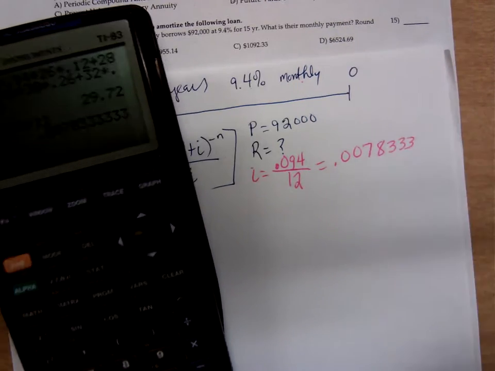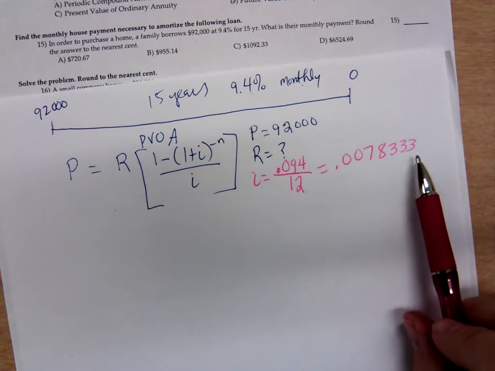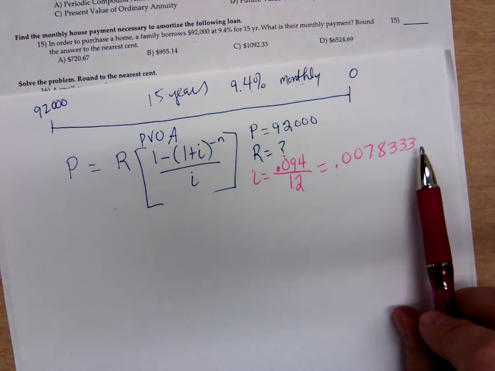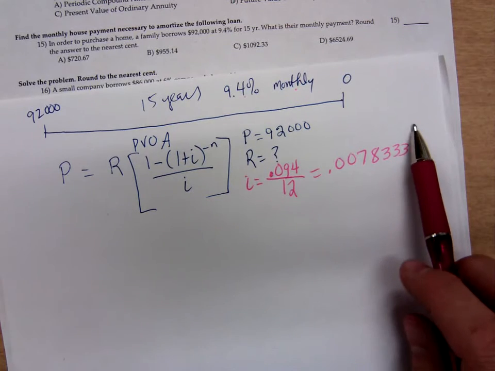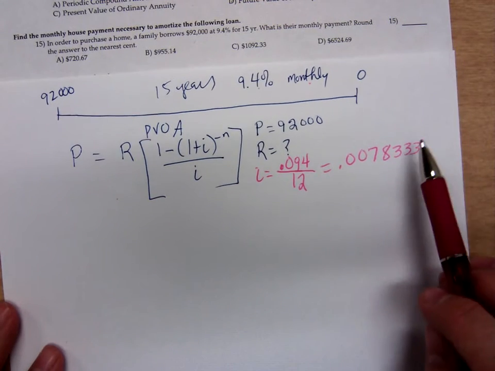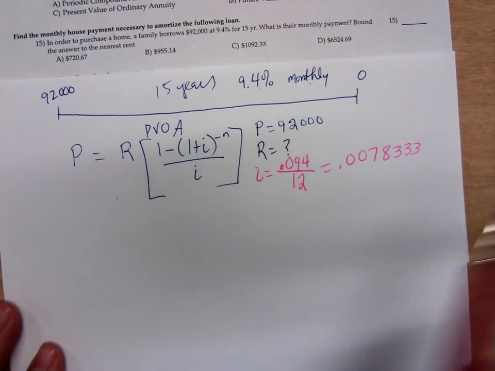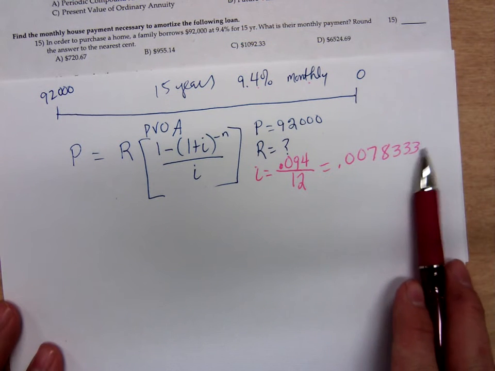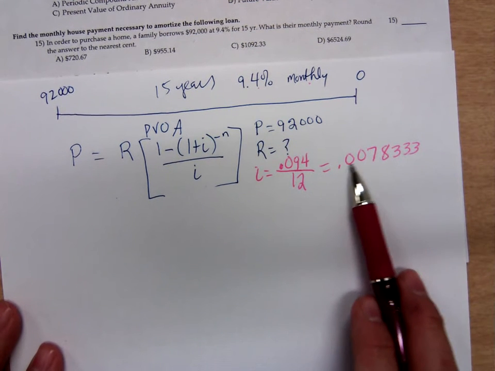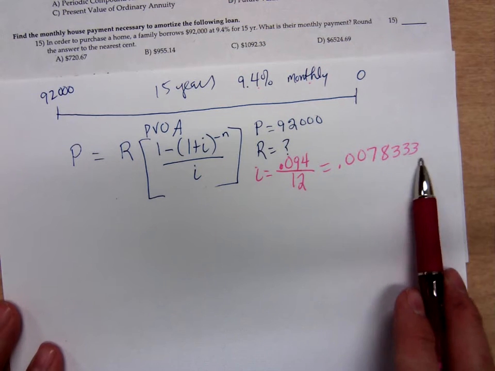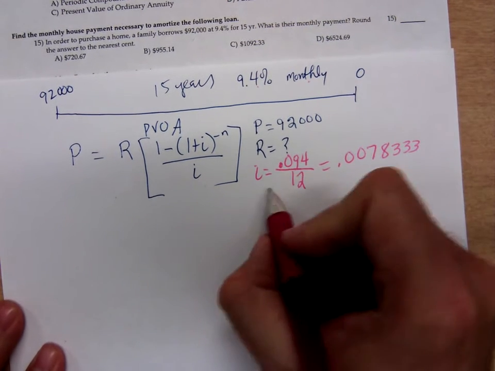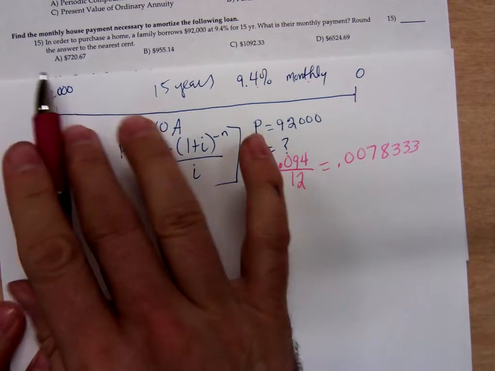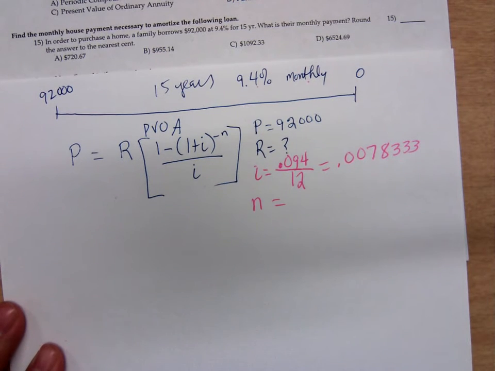Now, I couldn't do this when we were doing it in my math lab because there you had to be exact to the very penny. But here, since it's multiple choice, I can round a little. So I'm just going to write it as 0.0078333. We might be a couple of cents off, but that's okay.